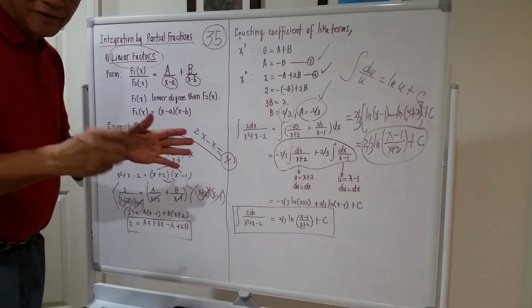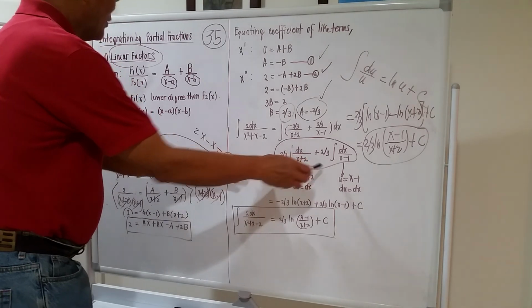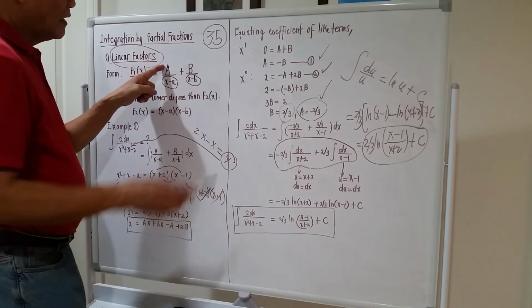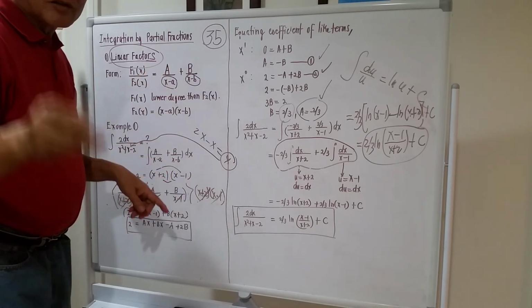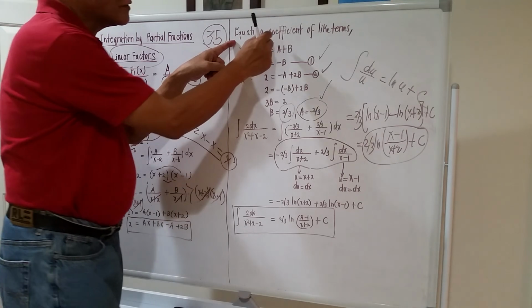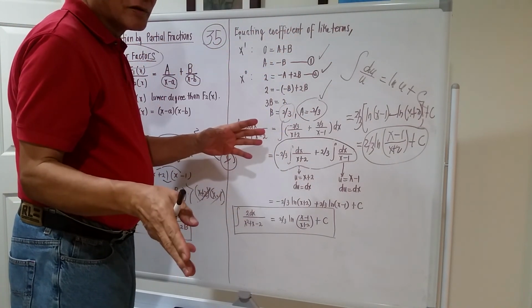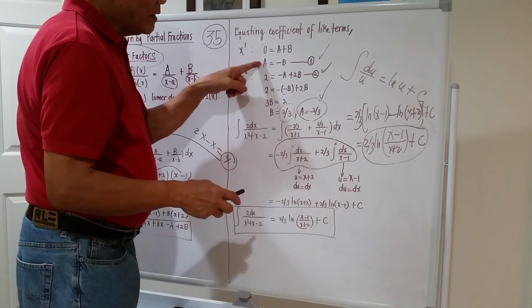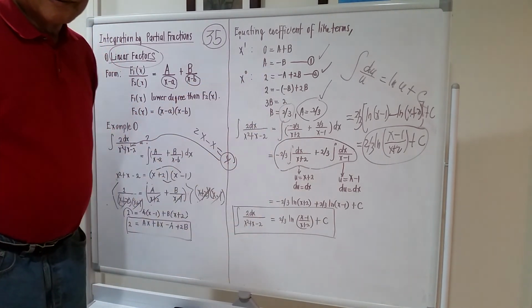So as you can see, to bring out the integration, we must solve for A and for B, by using our knowledge of algebra and the so-called equating of coefficients of like terms to bring out the two linear equations so that we could solve for the values of A and B. Okay, guys?